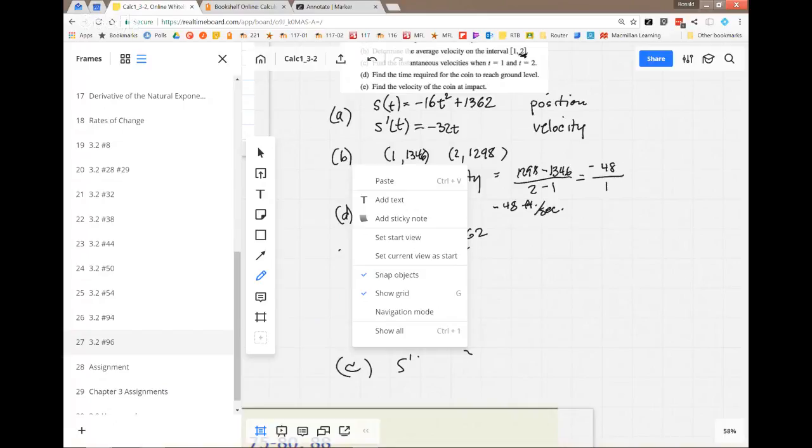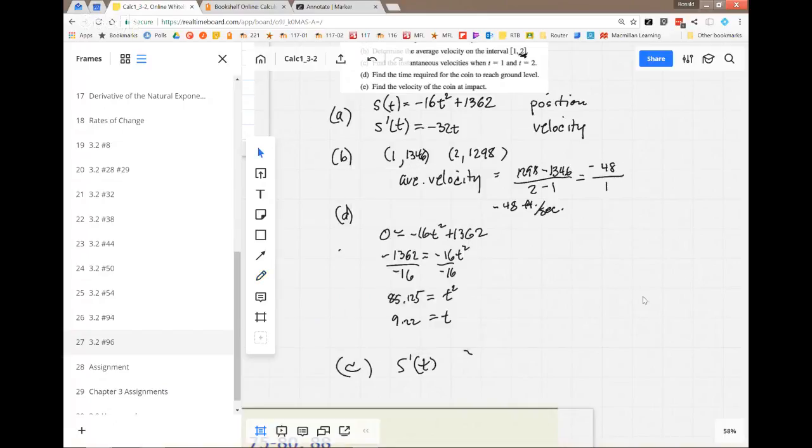What is s prime of t? So you got to look up here now at the function itself, right? What's the derivative? Negative 32t. And the constant, derivative of a constant is nothing.